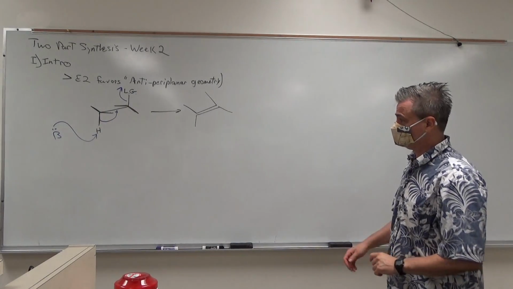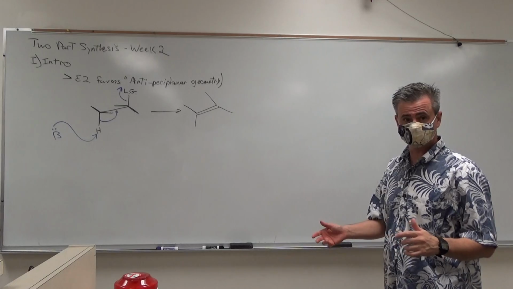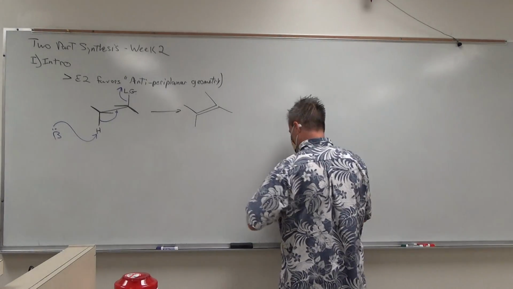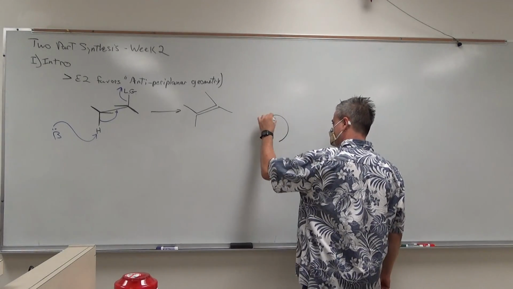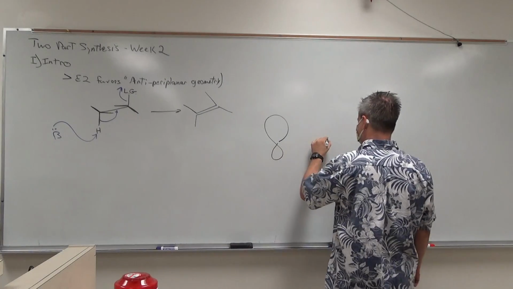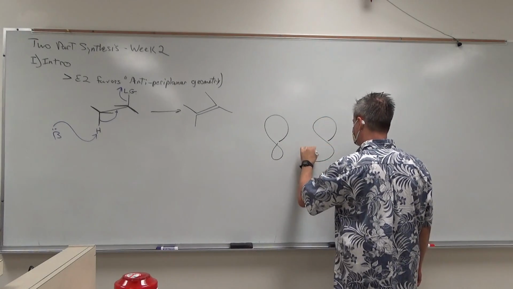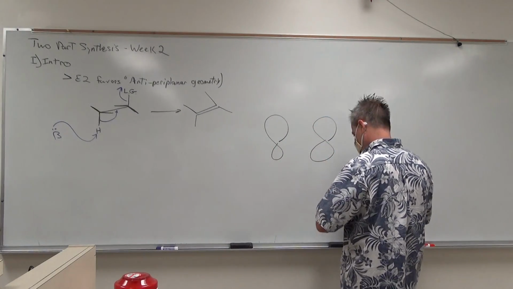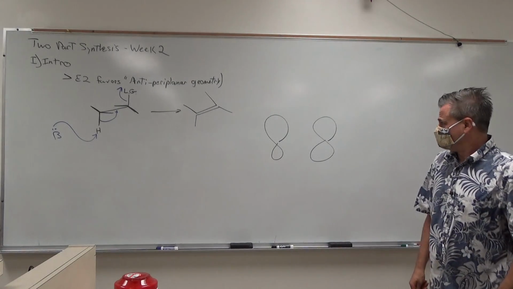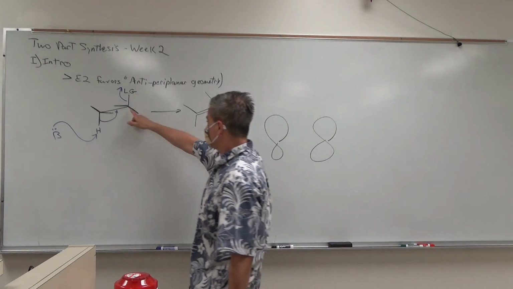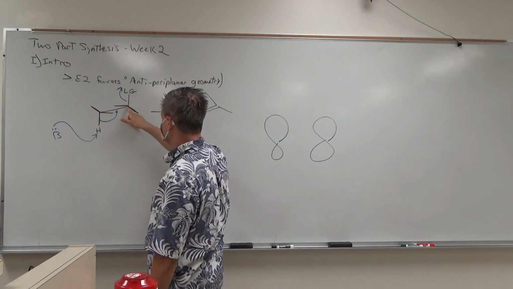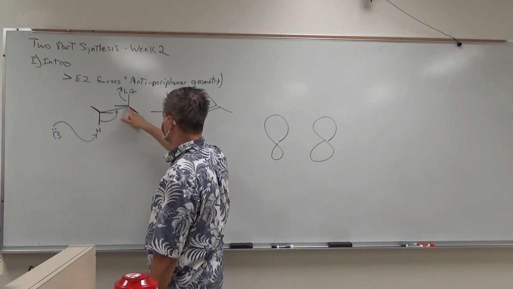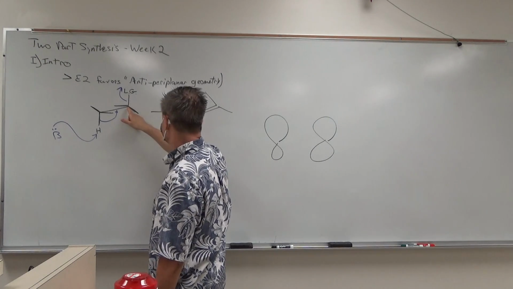It's going to rehybridize to a p orbital, going from sp3, which looks kind of oblong, to a p. This carbon is going to do the same thing, and then they're going to overlap each other.